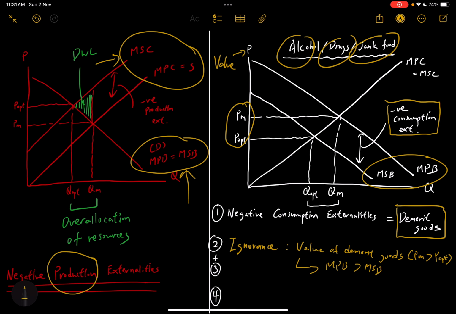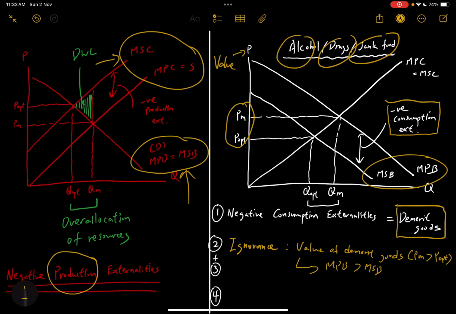Once again, externality is the consequences, in this case the negative consequences, when people consume something, and the consequence would be to the society. So now we are able to see that when our private benefit is bigger than what the society would expect, it's because of the externalities.